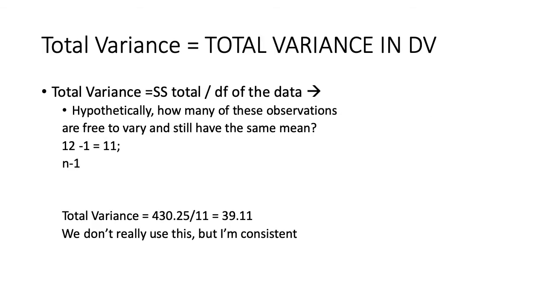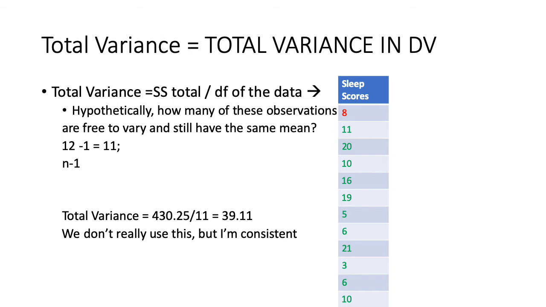Let's talk about the total variance. That's the total variation in our DV. That is simply our sum squares total divided by degrees of freedom of this data, which is all of the data. So the question is, what is degrees of freedom? Here's what we've got to understand. Yes, we do have actual data here, and these data have an actual mean that we calculated earlier, 11.25.